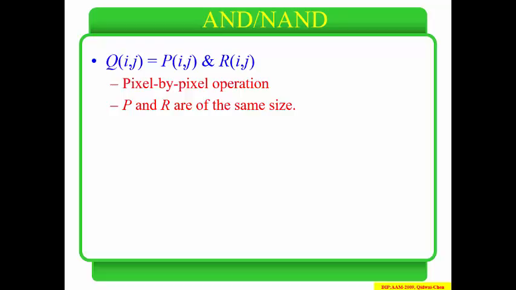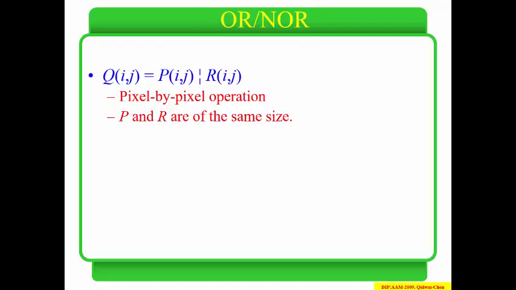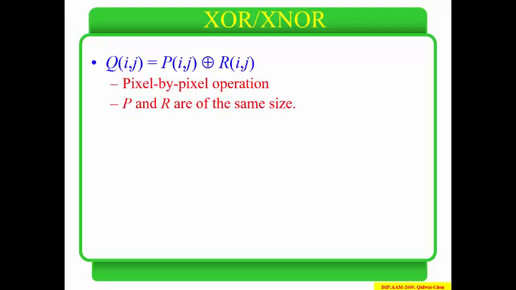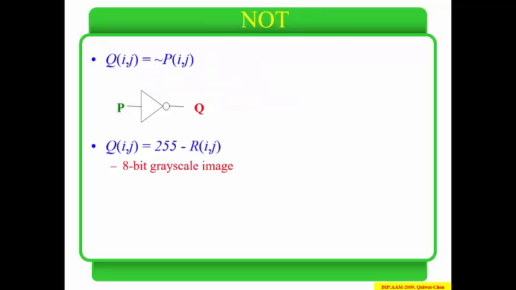They should be of the same size. This vertical line is the OR operation. So I have the AND, I have the OR, and I also have the exclusive OR, the XOR. And finally we have the NOT. The NOT, of course, is a unary operation. It will be applied on one matrix.